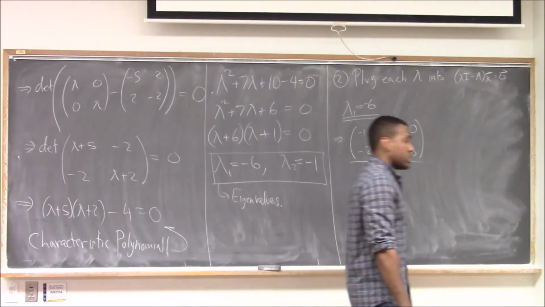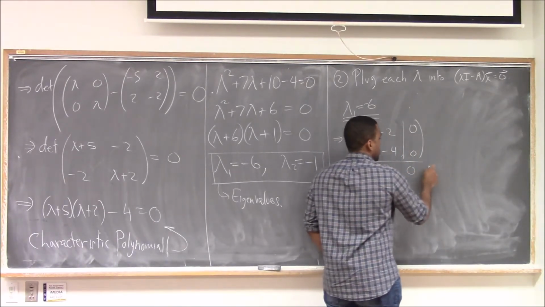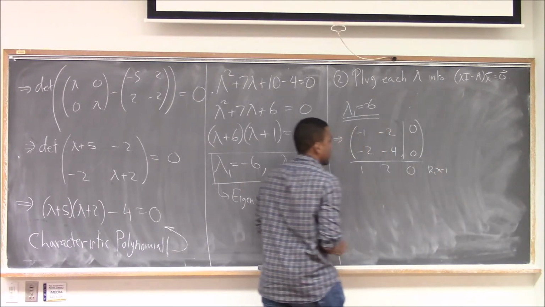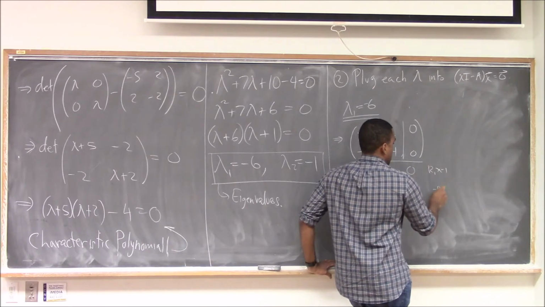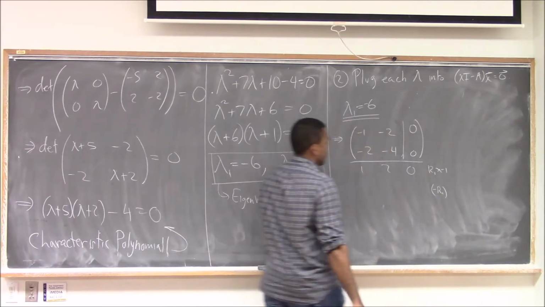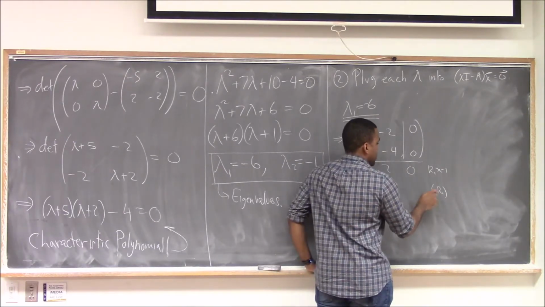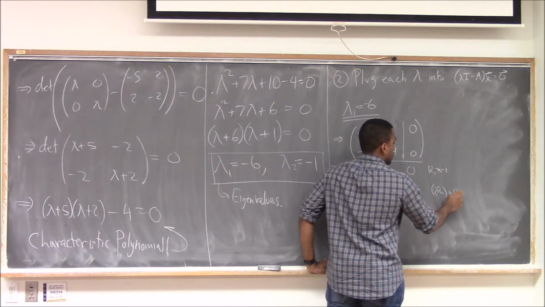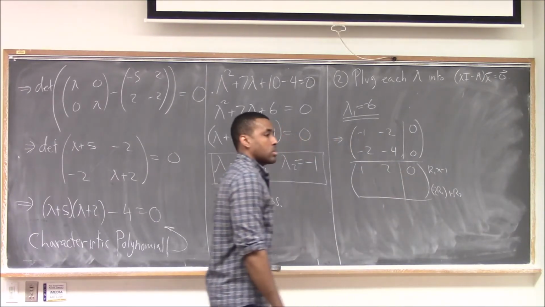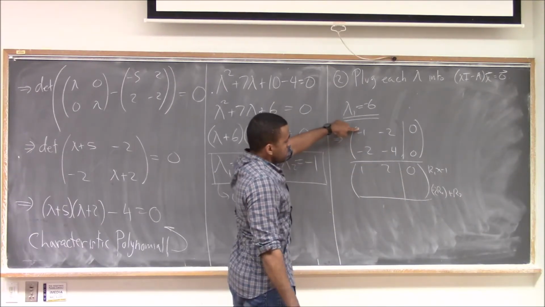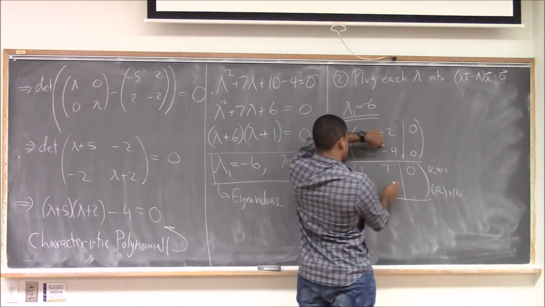Now we have a system of equations that we want to solve. It's homogeneous, so it definitely has a solution. Take row 1 times minus 1. And if I do minus 2 times row 1 plus row 2, what would I get? Minus 2 times this is plus 2 plus that, 0. Minus 2 times this is plus 4 plus that, 0.